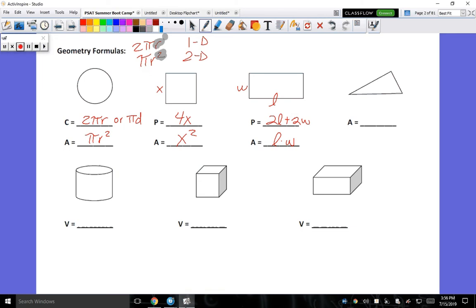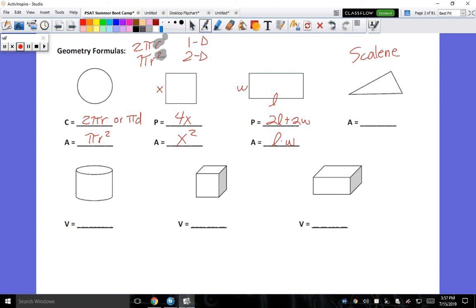Testing your knowledge of just terms as well. Don't be shy. Yeah, scalene. And scalene means that no angles are the same. No sides are the same. And furthermore, none of the angles equal what? 90. So this is a non-right triangle.